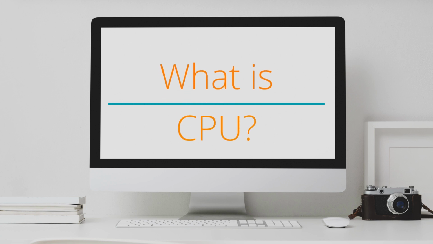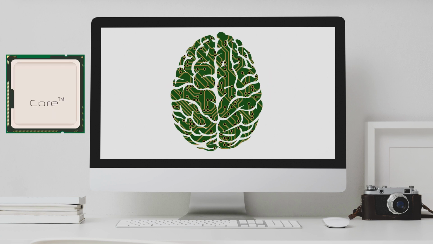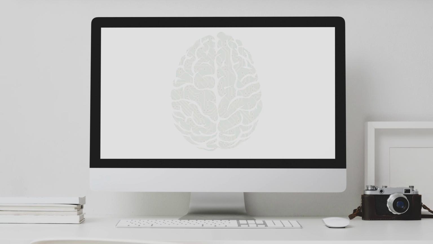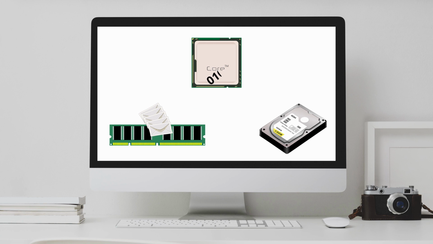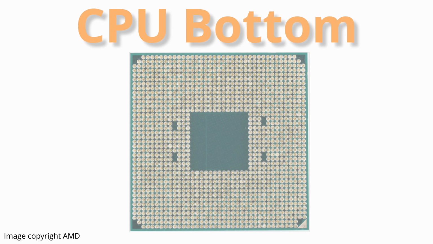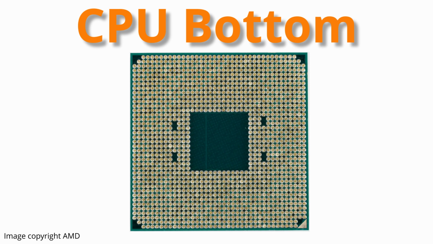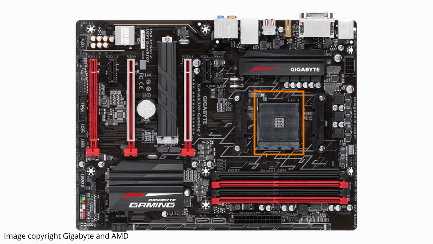Next component is CPU. As we saw in earlier videos, CPU, the central processing unit, is the component that does all the processing. That is, CPU works on the data. A CPU has hundreds of tiny connection points and it sits on a special socket on a motherboard.